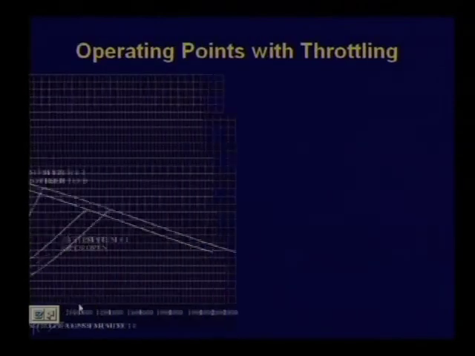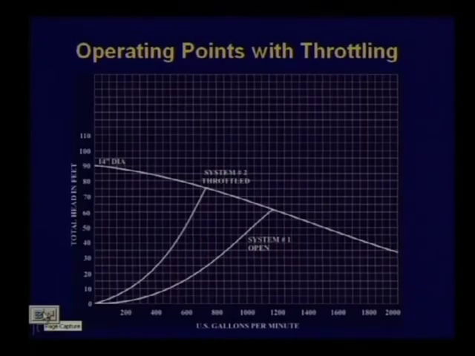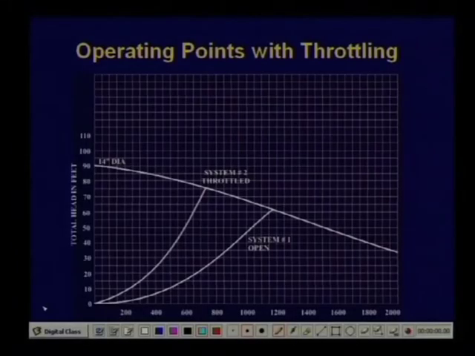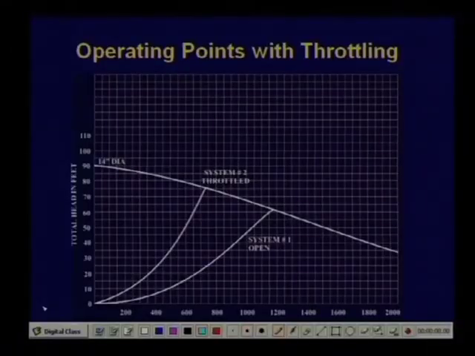Again, in the case of fans you put dampers, in the case of pumps you put valves, flow control valves, which we have already seen in our earlier lesson. When you close the valve it is generally called throttling.